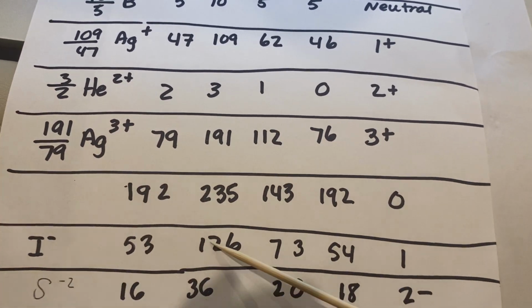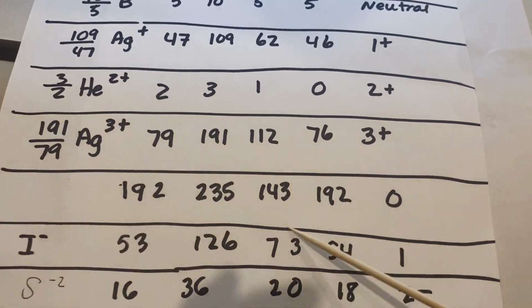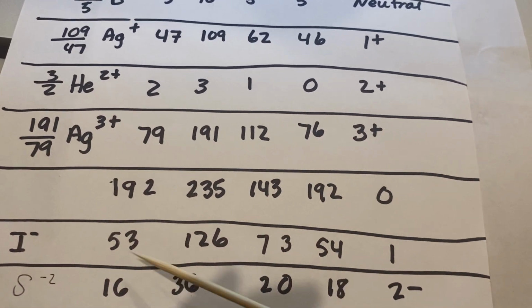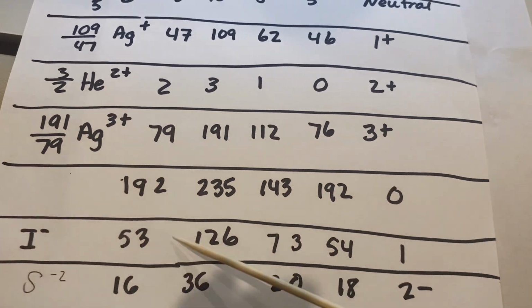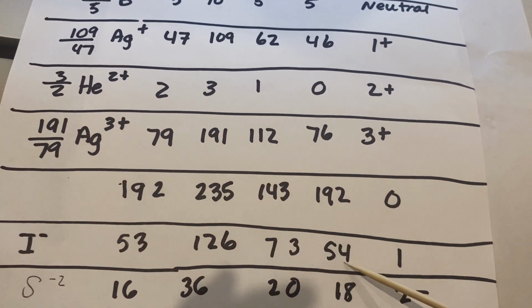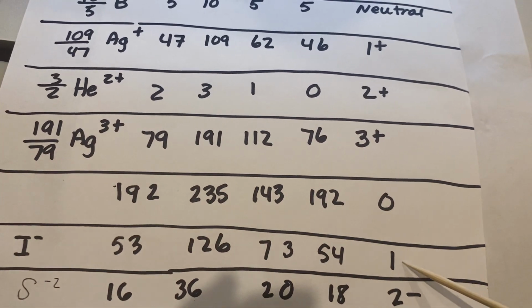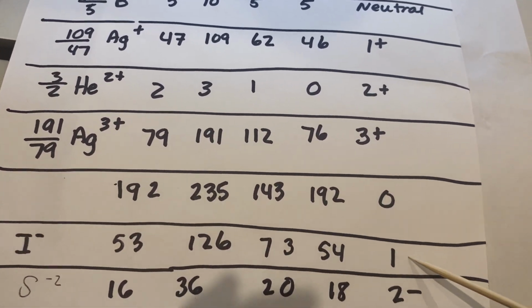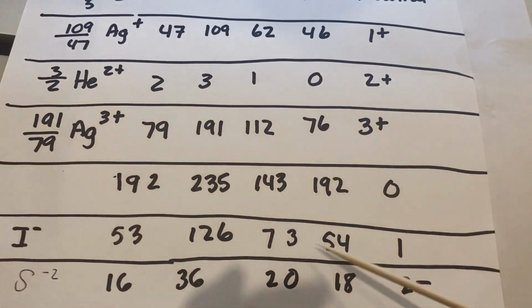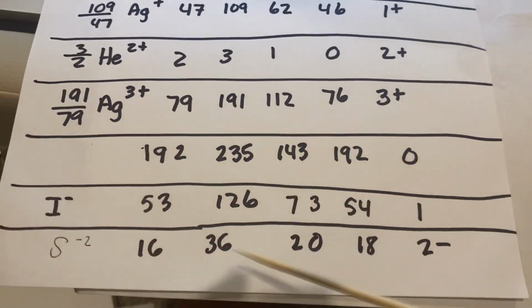And if it's 126 minus 53, we have 73 neutrons. And because it has a -1 charge, it's going to be one extra electron, from 53 to 54. So it's going to have a charge of -1. I put basically -1 there.